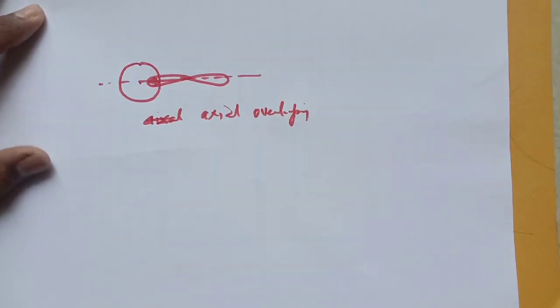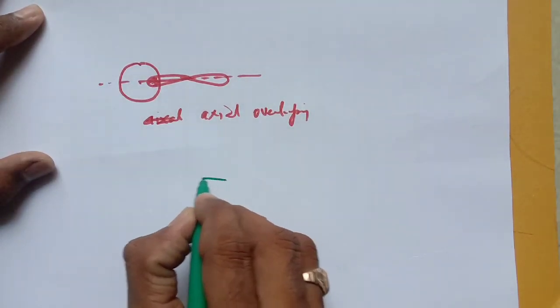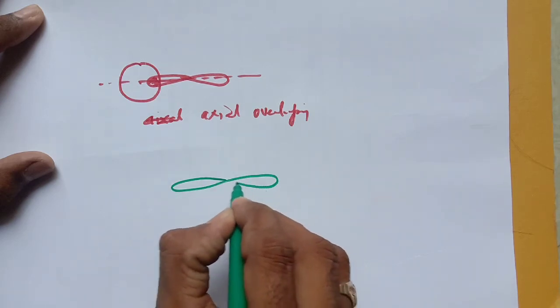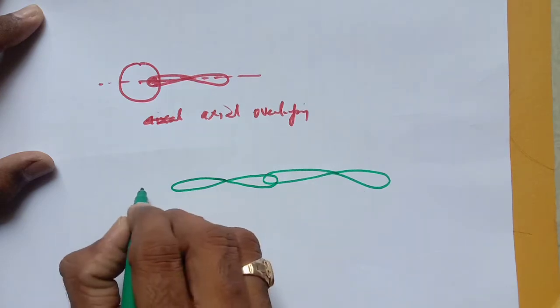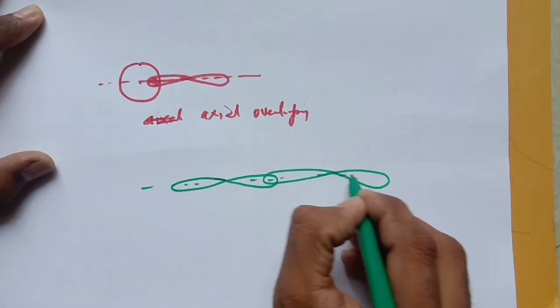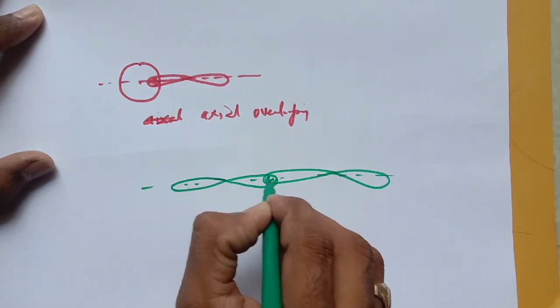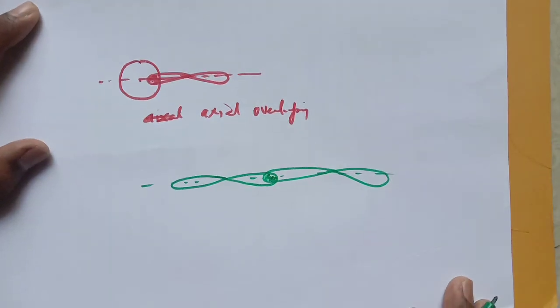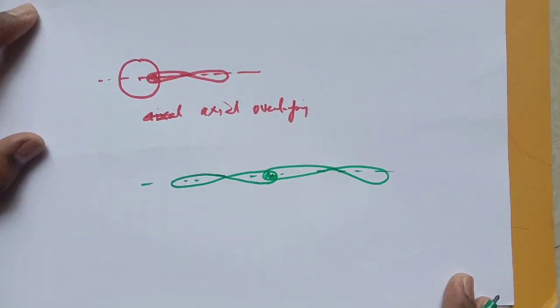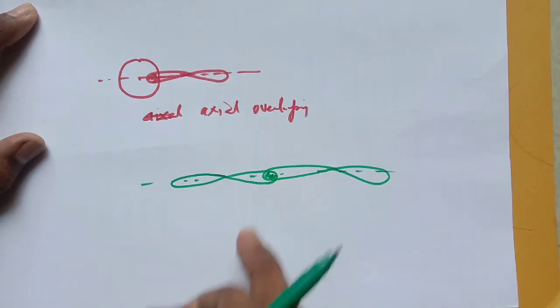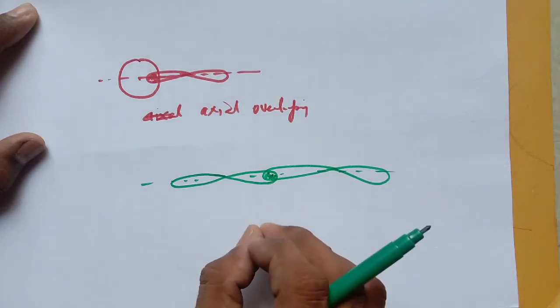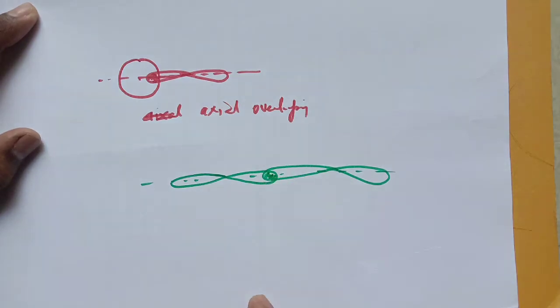If we consider the p orbitals, this is one p orbital and this is another p orbital, and this is along the axis, and the shaded portion is called the overlapping region. So this is axial overlapping, or two ends overlap each other, and that's why it is also known as end to end overlapping.